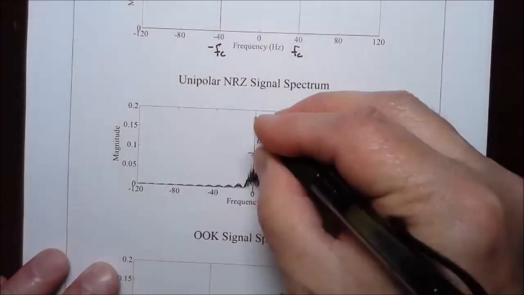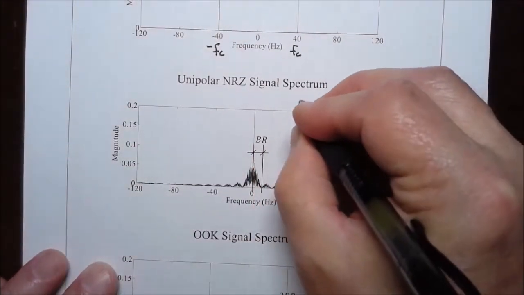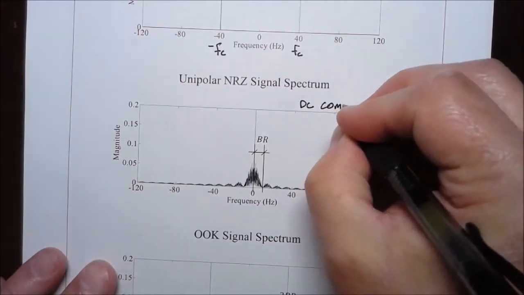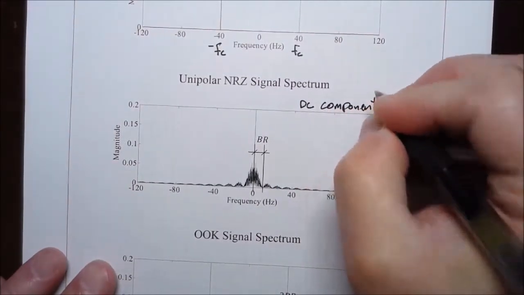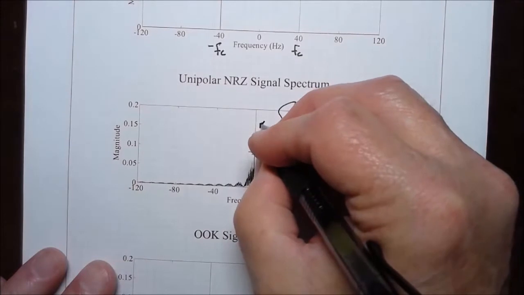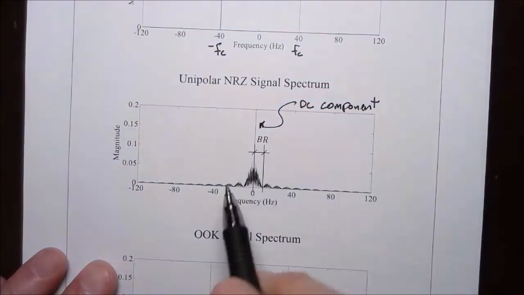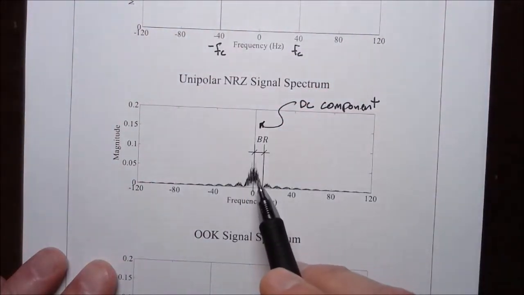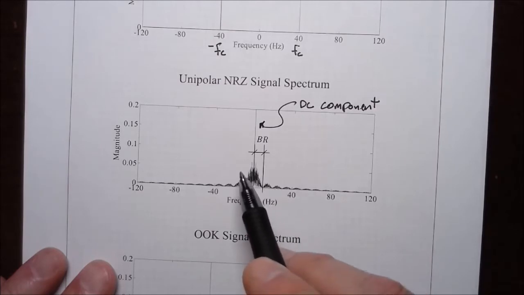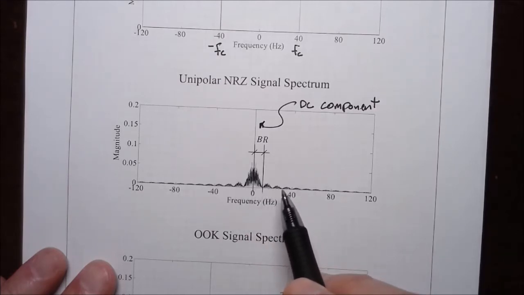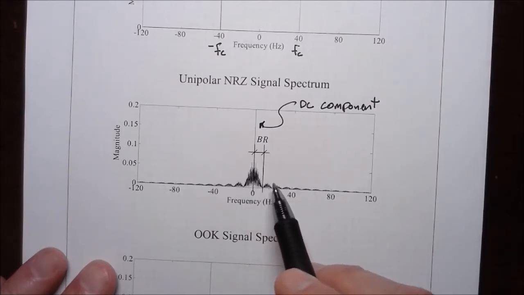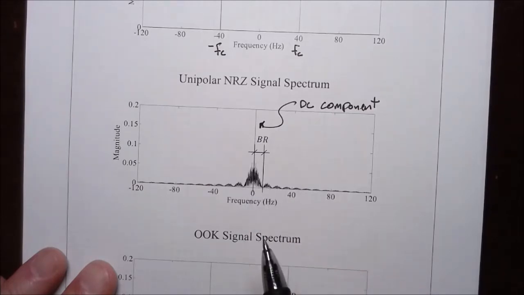See, it has this line. This is the DC component. It's shown right here, and then the rest of the spectrum has an envelope given by this sinc squared shape.